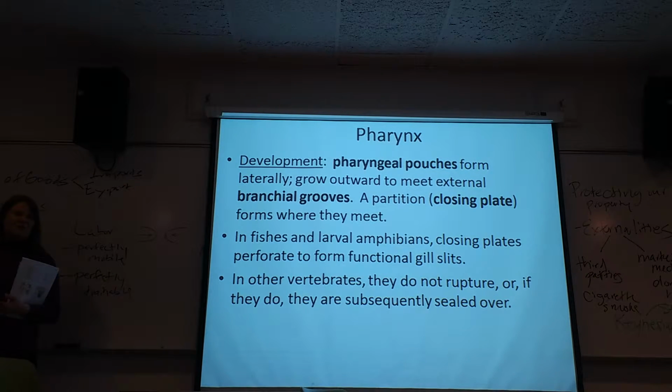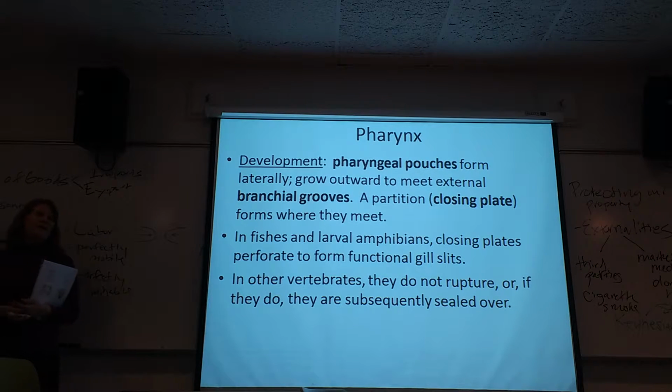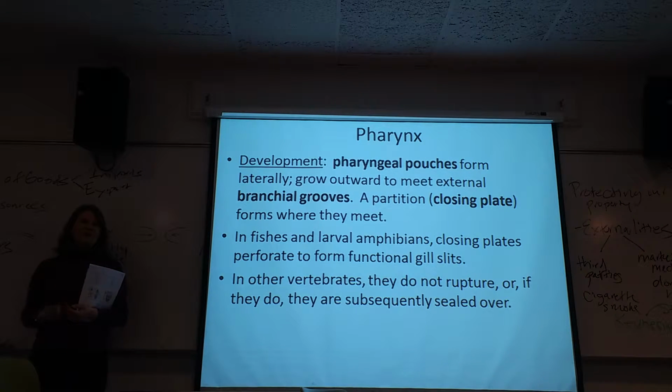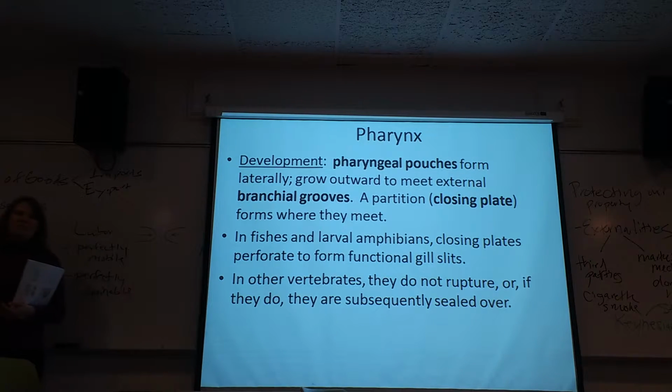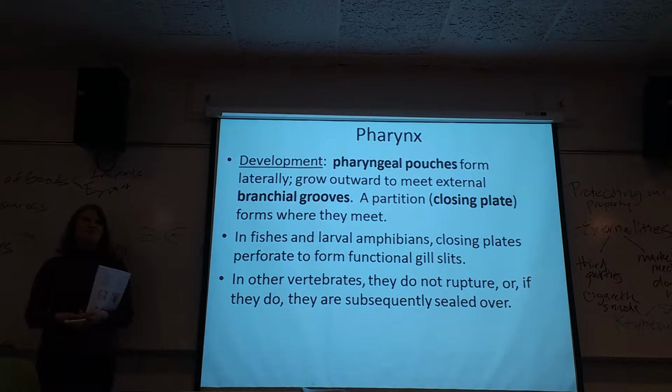And there's actually a birth defect in humans where the pharyngeal slits will perforate and will not close. So occasionally a baby will be born with a small opening in the throat, and then that will be fixed surgically. But that's basically a remnant of our ancestry in terms of evolution.